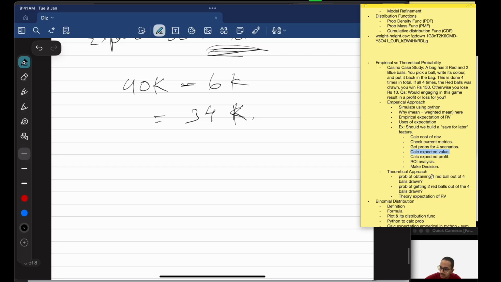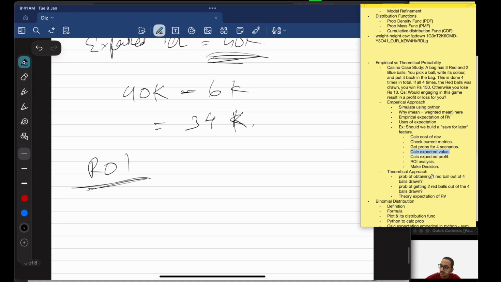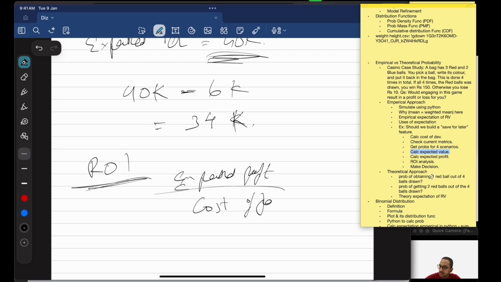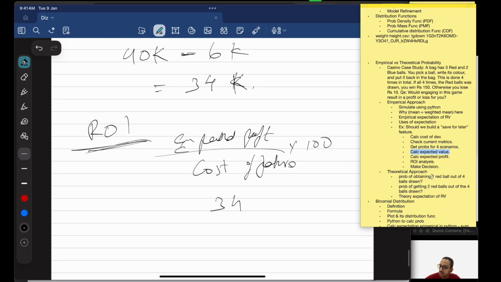So we can calculate the ROI. Return on investment is calculated as expected profit divided by cost of feature times 100. So in this case, expected profit is 34K divided by cost of feature 6K, times 100.